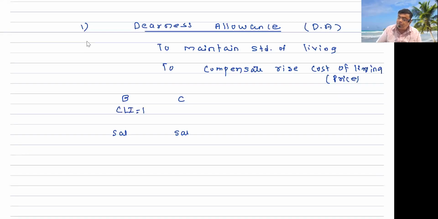If not given, we treat it to be equal to 100. Remember, base salary is given. And the current salary is what? That's the question. This current salary is the required salary.